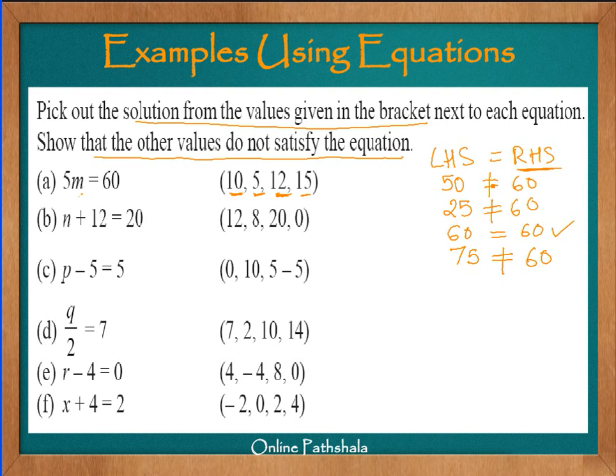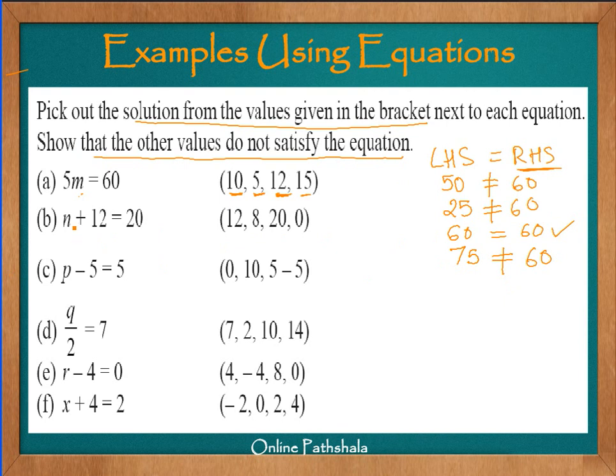Now let us have a look at problem number 2, which says n plus 12 equals 20. Now there are four values and I am not going to do it in detail here. We will simply find out using a shortcut method. But of course, if it is asked, you have to prove it accordingly. So what we'll do is we'll try to do it mentally.